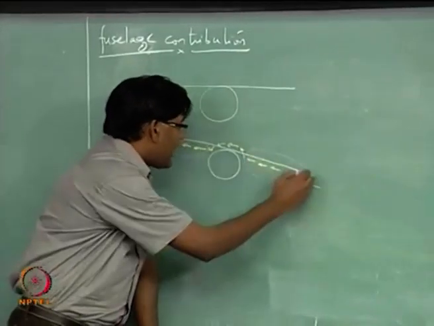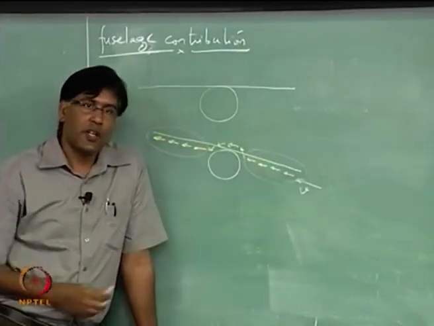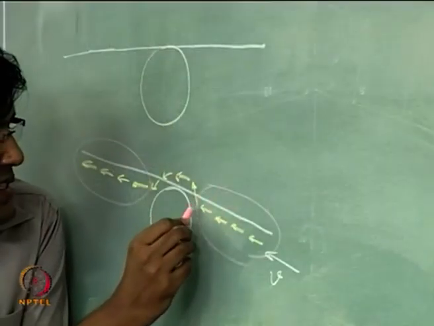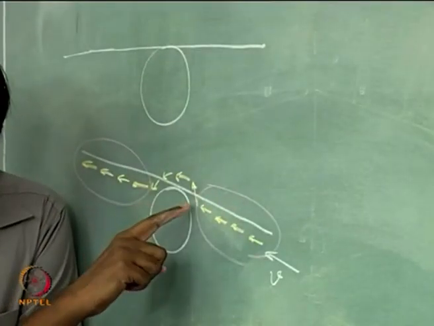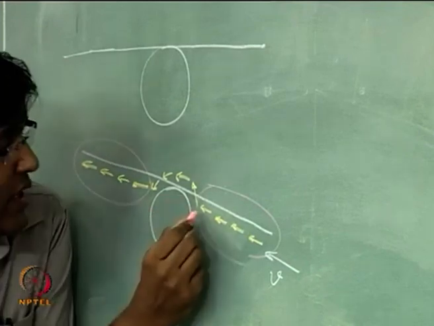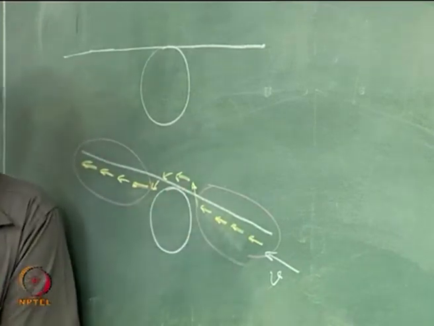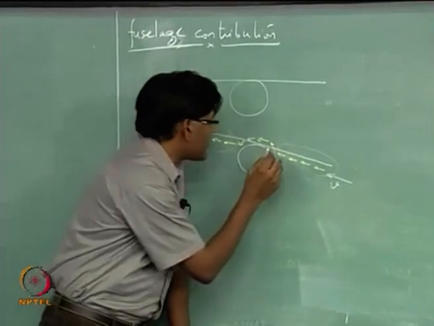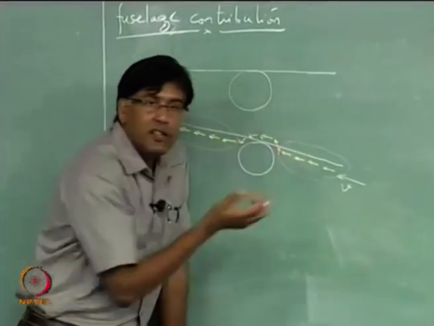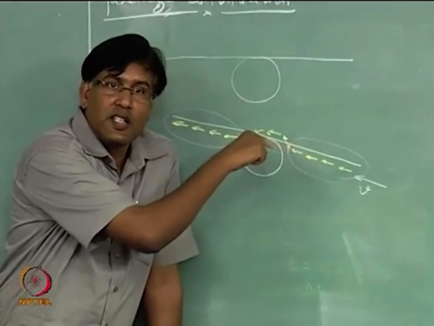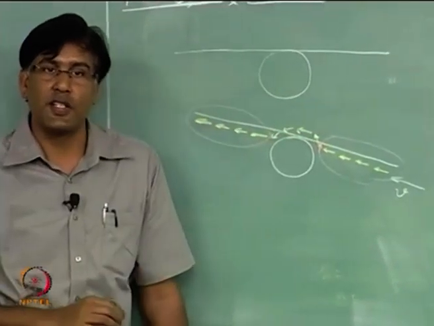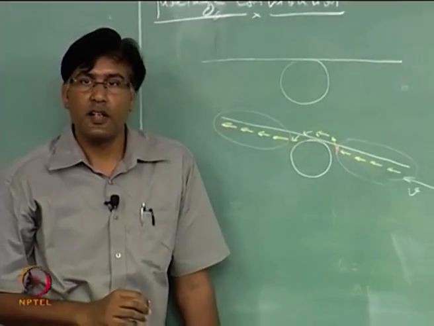So this part and this part is not going to contribute, but close to the fuselage there is a small change in angle of attack. Flow is turning here, so it's having an upward component, right, which is adding to the angle of attack of the wing due to the fuselage, right, very close to the fuselage, isn't it?